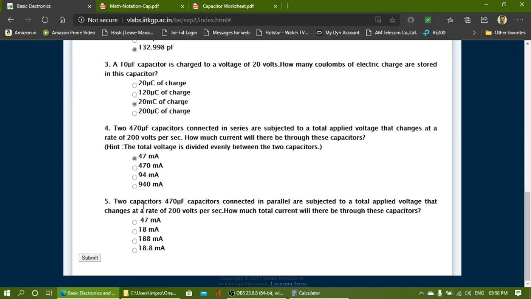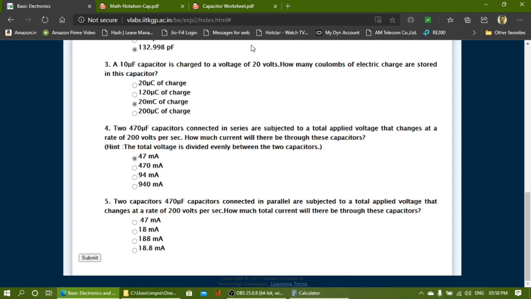Now the fifth question is two capacitors of the same value, 470, connected in parallel and subjected to a total applied voltage that changes at the same rate, 200 volts per second. So what will be the total circuit current?